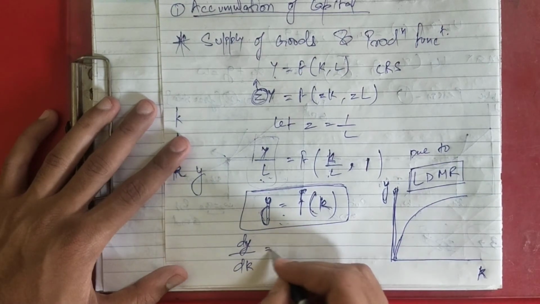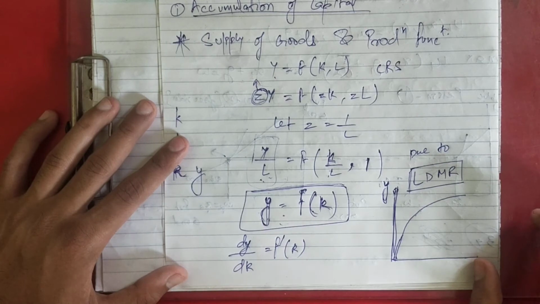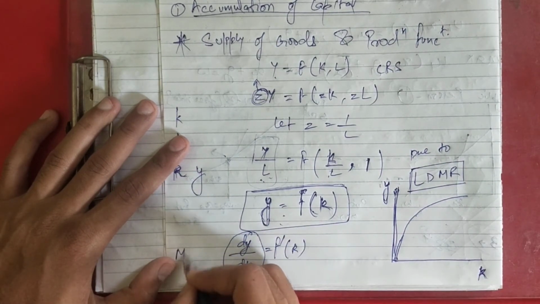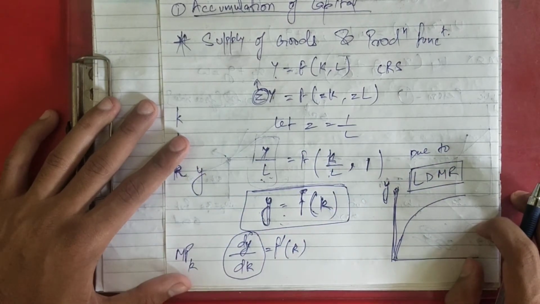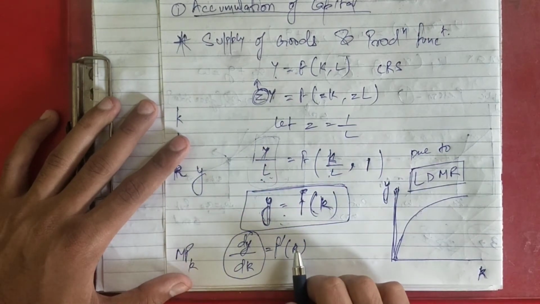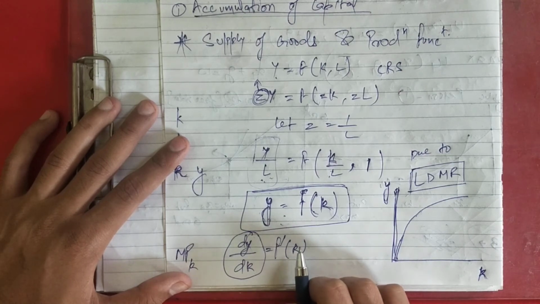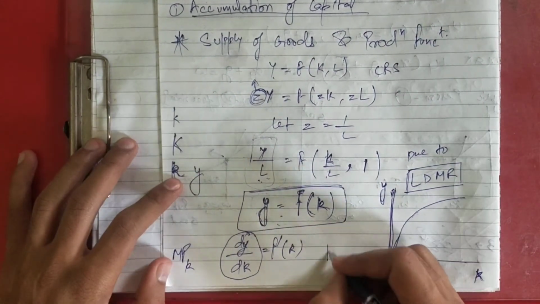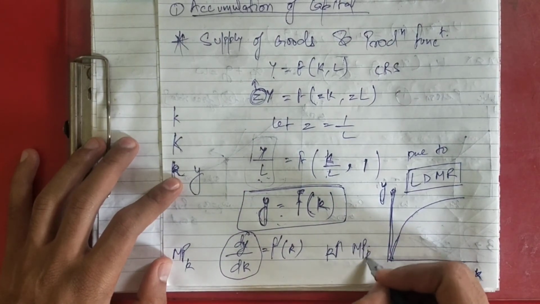So this will be equal to f dash small k, right? And what is this? This is your marginal product of capital per worker, which is equal to f dash k. Also, there is the law of diminishing returns, so that implies that as small k increases, your MPK falls.